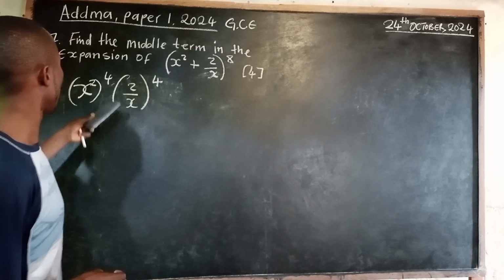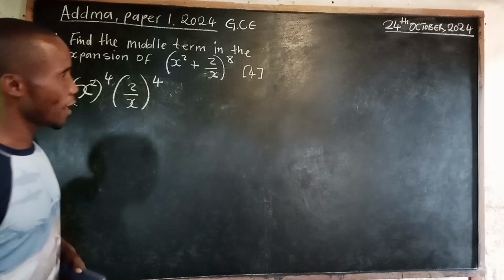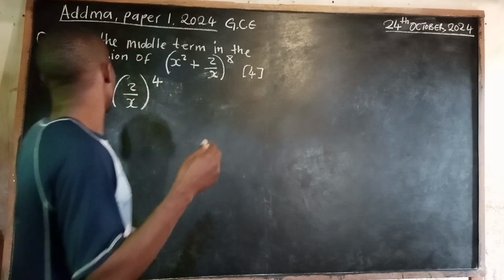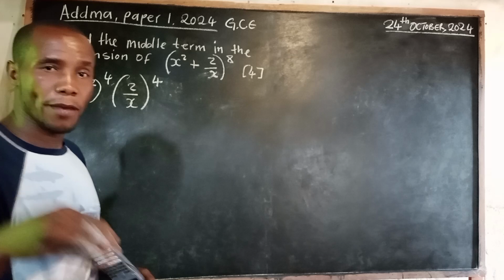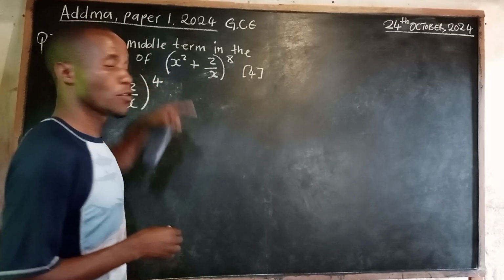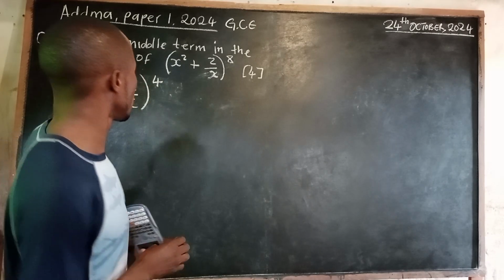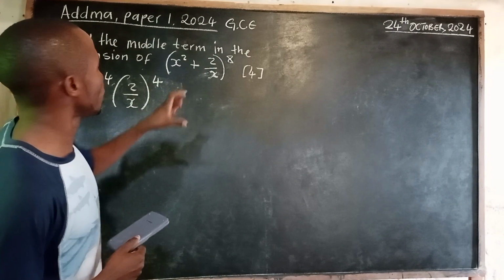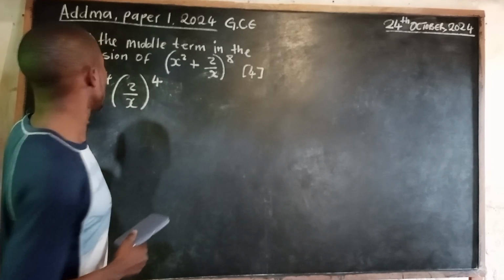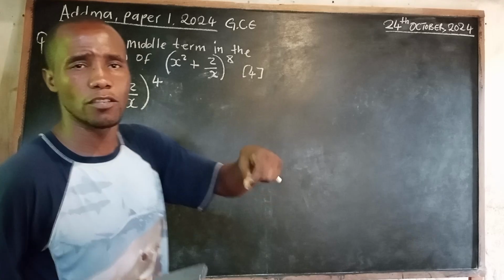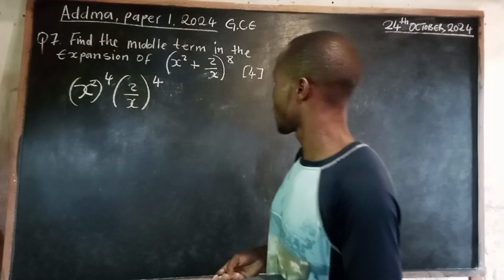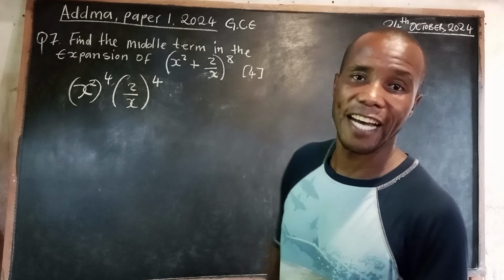Now, with the binomial theorem method, you use the combination to find the coefficient of the middle term. So now that you have written this, what remains is to find the coefficient of the middle term. How are we going to find the coefficient? We are going to use the combination, as I said earlier.